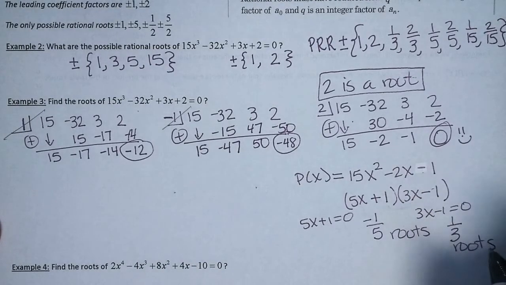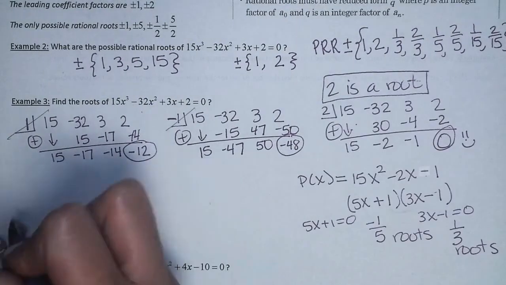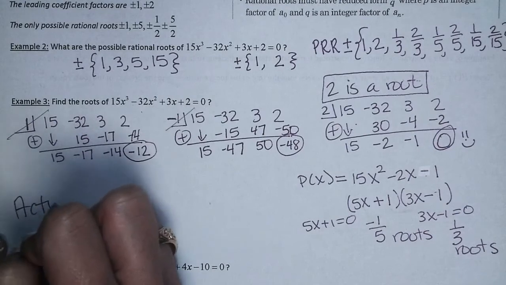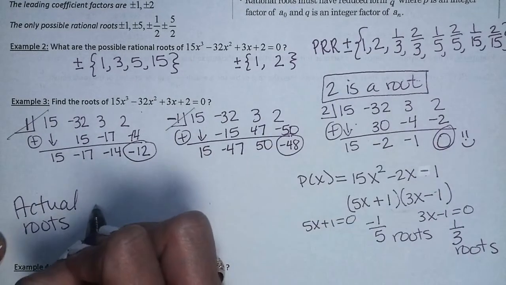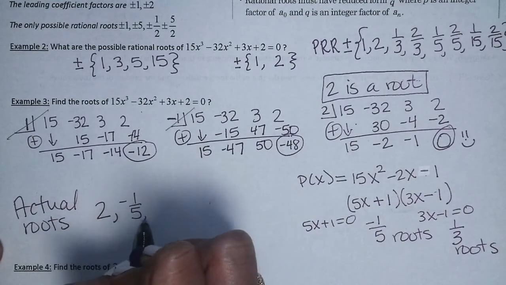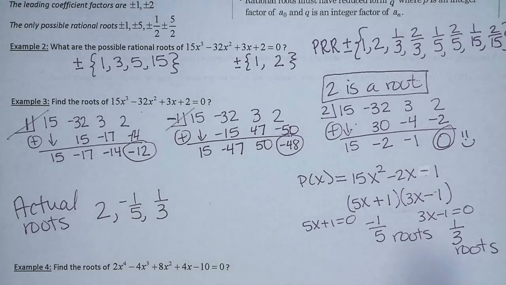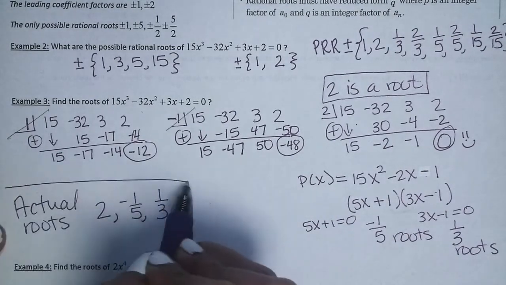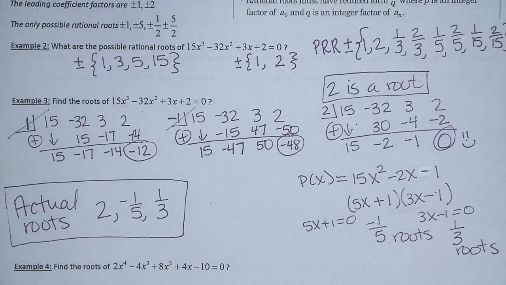So to finish example 3, where it says find the roots, the actual roots are the 2 that we found originally, the negative 1/5 and the 1/3 that I found by factoring. So that is how you find roots of a polynomial by hand.